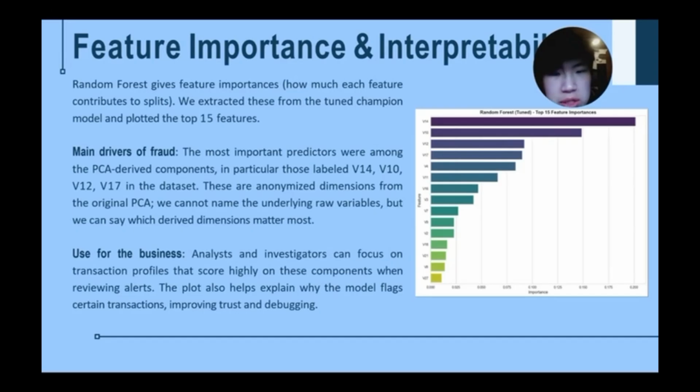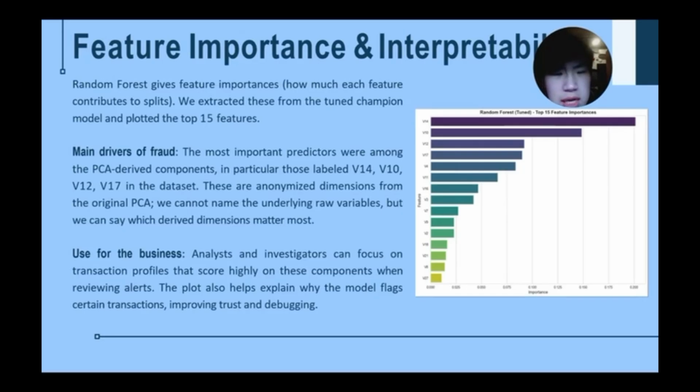Using the tuned random forest, we extracted the feature importance to understand which variables contributed the most to fraud detection. We visualized the top 15 features and found that the most influential predictors were primarily PCA-derived components, especially V14, V10, V12, and V17.